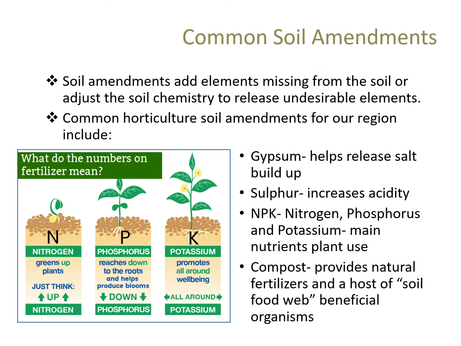So when we amend our soil, we're going to amend elements that may be missing and adjust the soil chemistry to release undesirable elements. So common horticultural soil amendments for our region include gypsum, and that can help release salt buildup and help bring down something that is in the alkaline range, so maybe over 7.